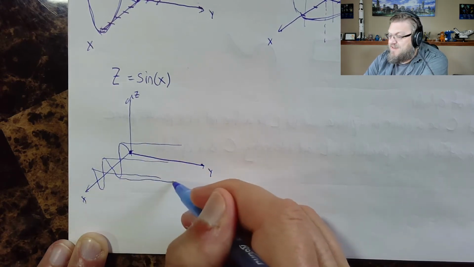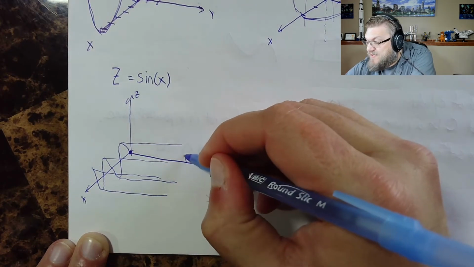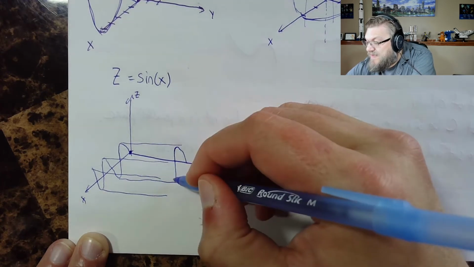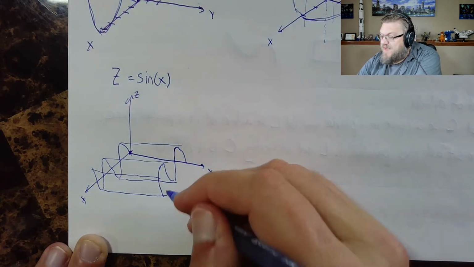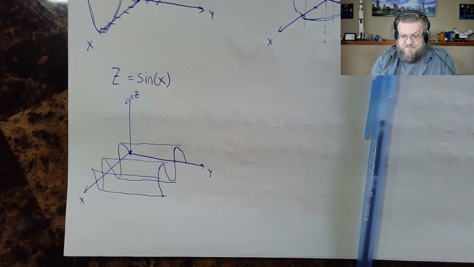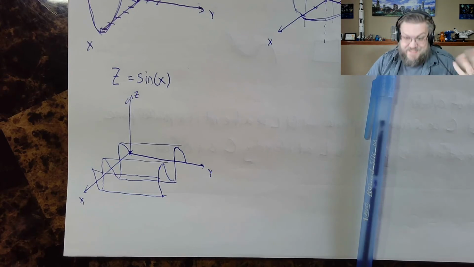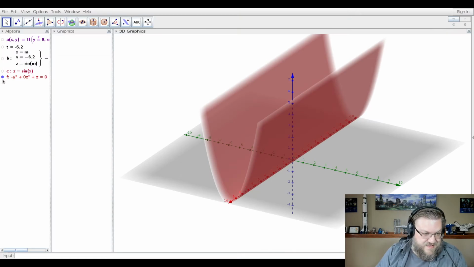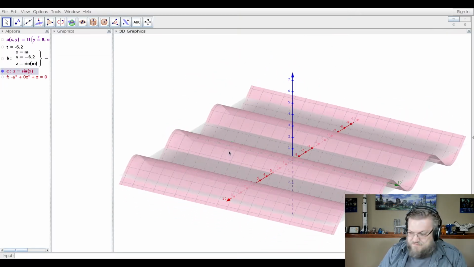So the bottom here, the bottom there, and now my art skills are really hurting. So copy this like that, maybe. Oh boy. I'm glad I have GeoGebra. But anyway, that generates the cylinder. And that is the picture I was showing you earlier. So z equals sine of x is this right here.